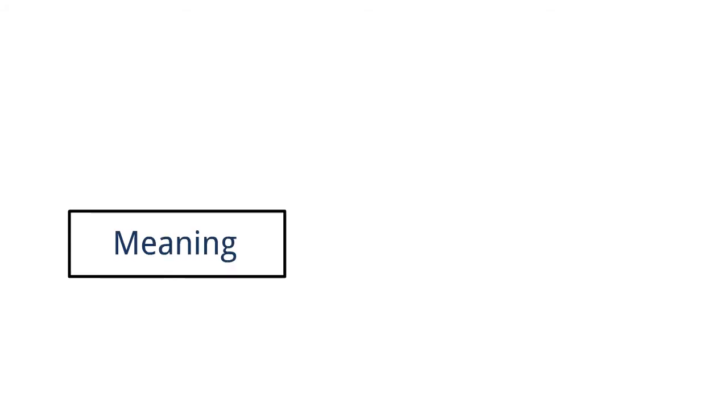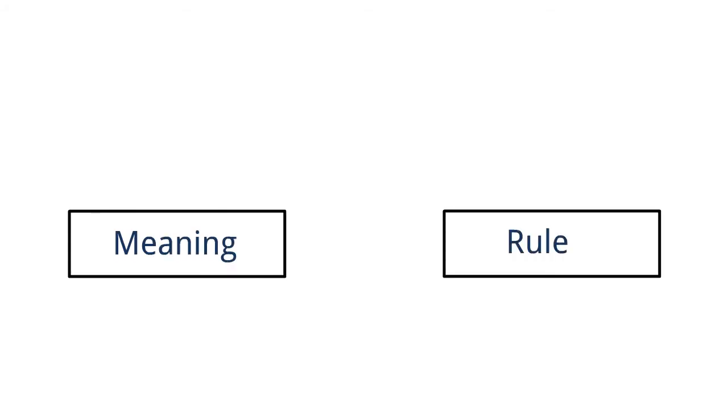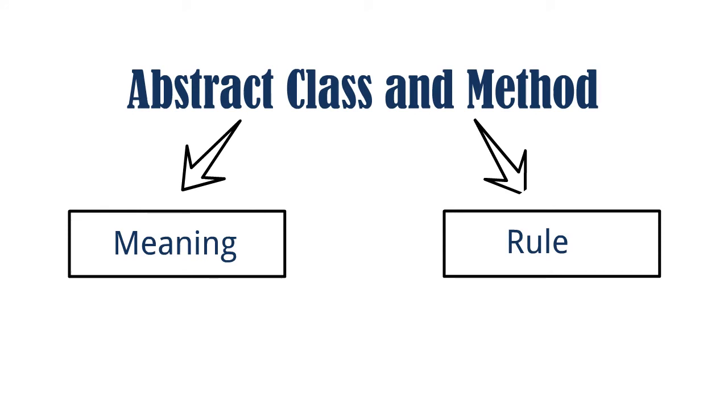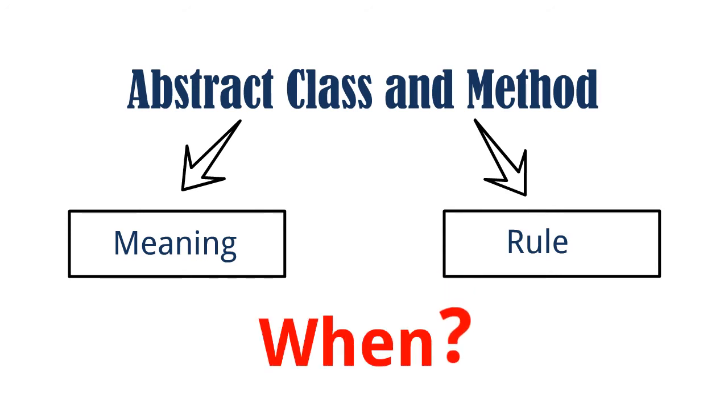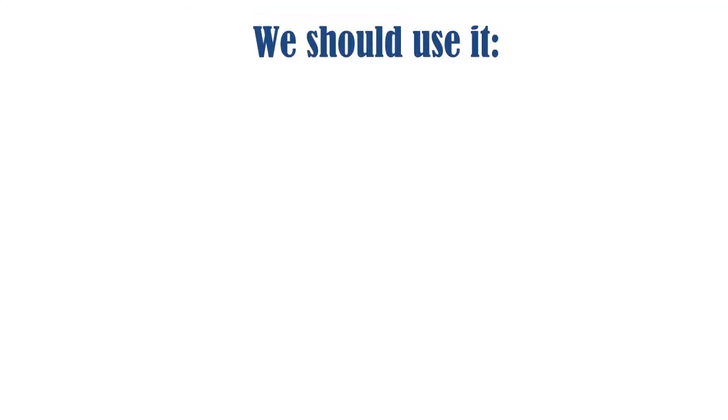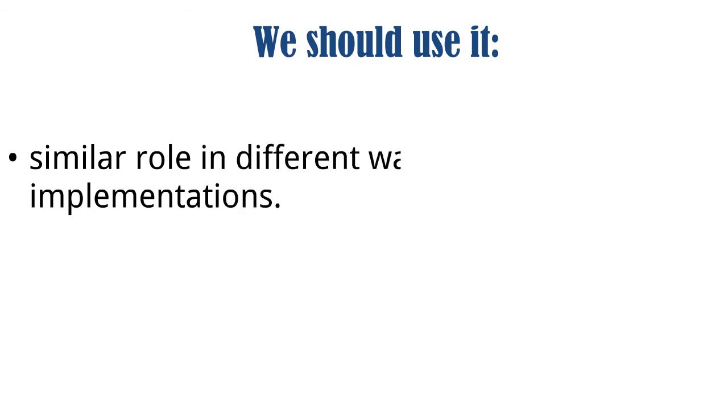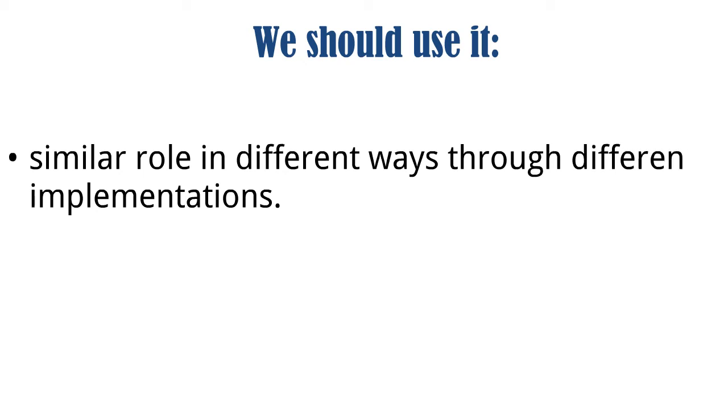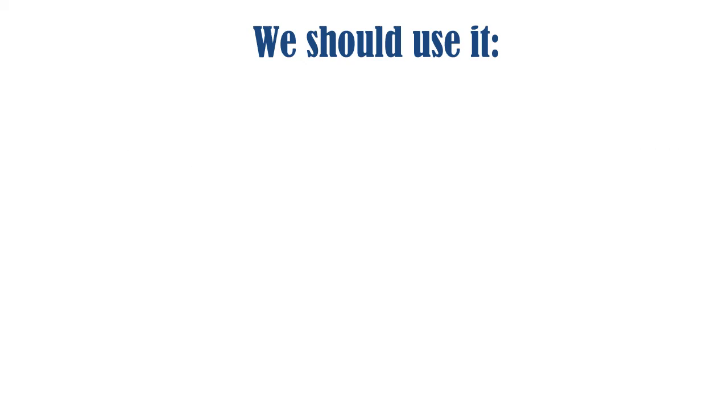After explaining the meaning and the rules of abstract class and method, we don't know when we should use them. So, we should use them when: 1. Abstract methods are usually declared where two or more subclasses are expected to fulfill a similar role in different ways through different implementations. 2.